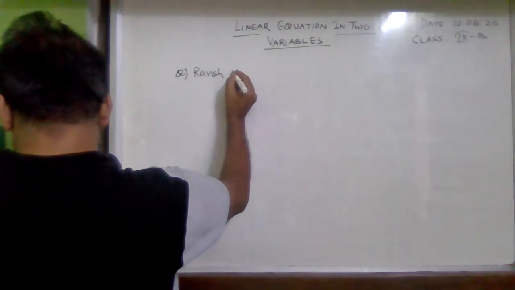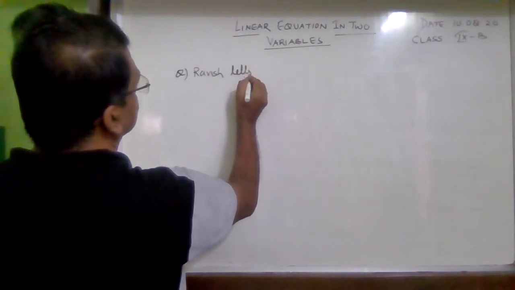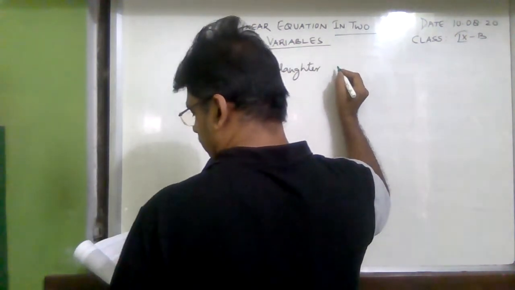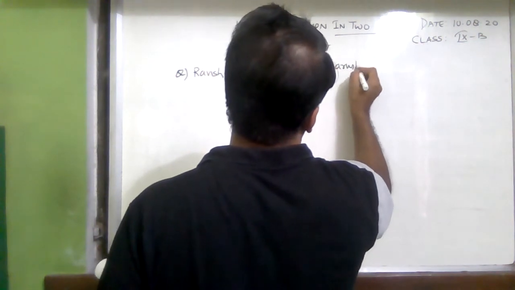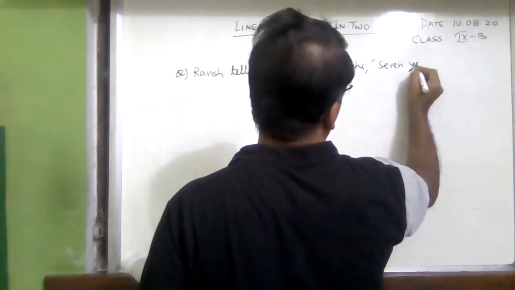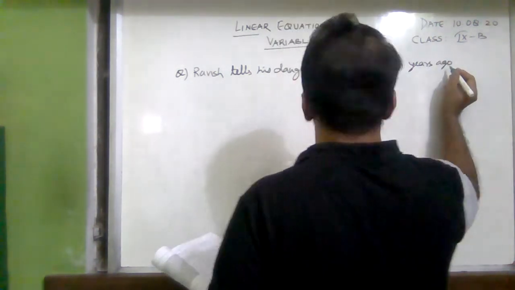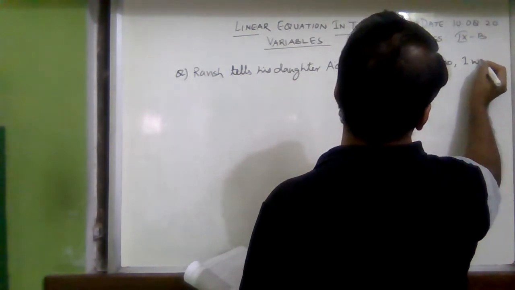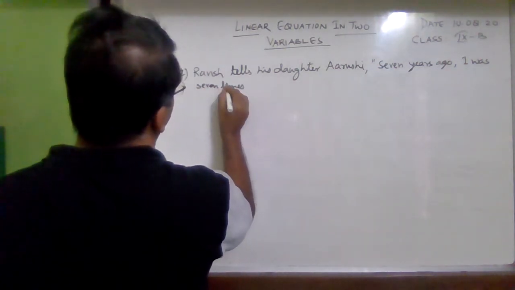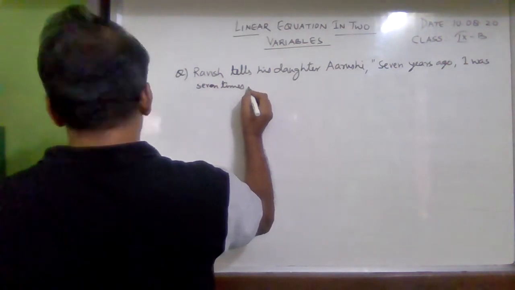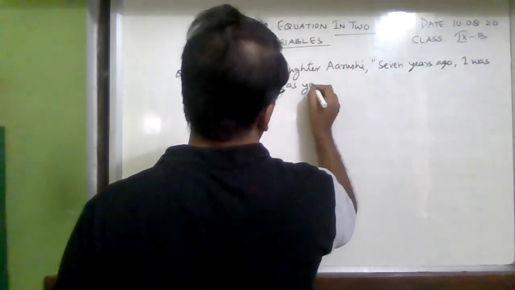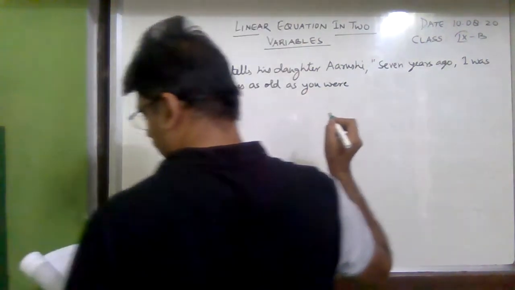So the first question of the day is: Ravish tells his daughter Arushi, 7 years ago I was 7 times as old as you were then.